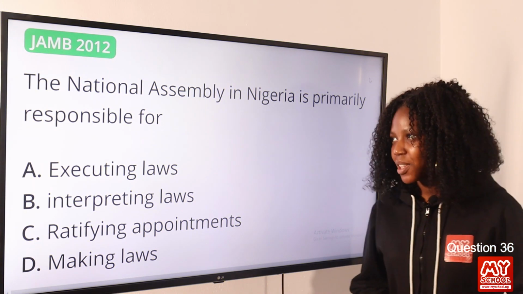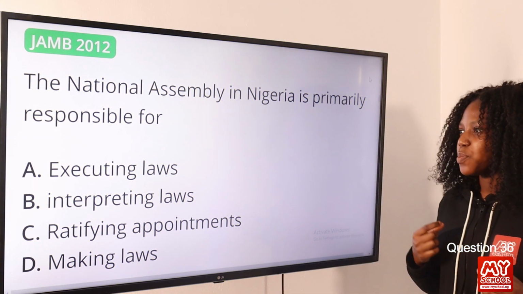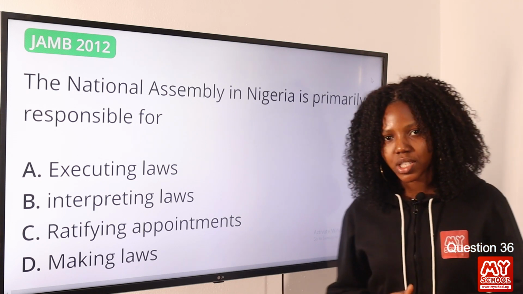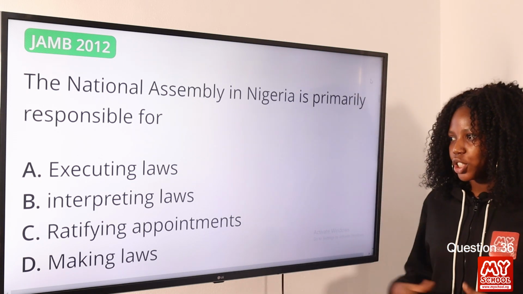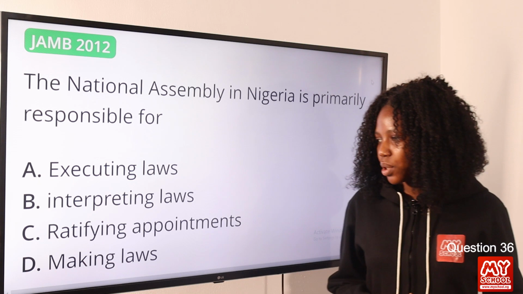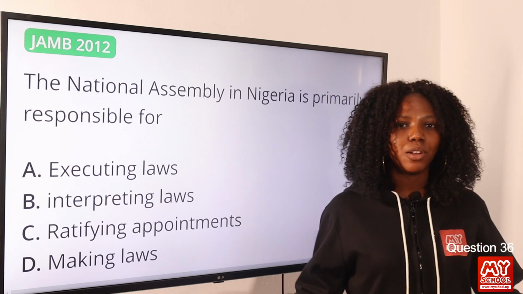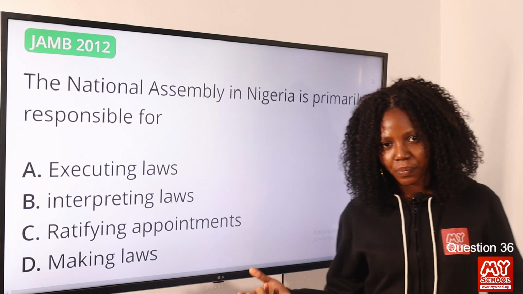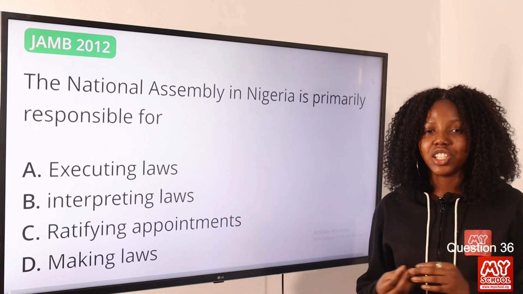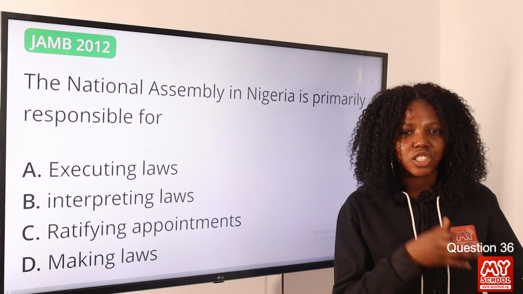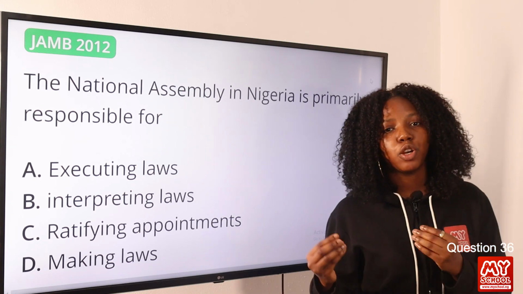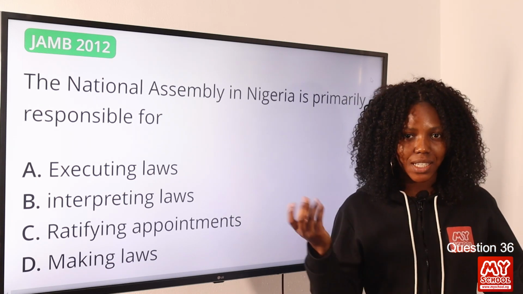Question 36. The National Assembly in Nigeria is primarily responsible for dash. Option A, executing laws. Option B, interpreting laws. Option C, ratifying appointments. Option D, making laws. The answer to this question is making laws. The National Assembly in Nigeria is a bicameral legislature, made up of two houses: the Senate and the House of Representatives.